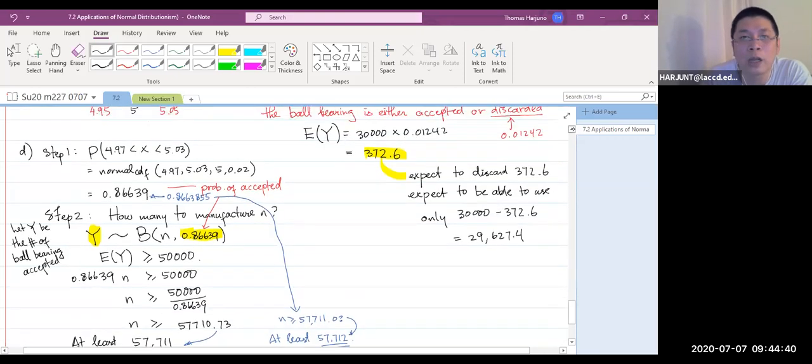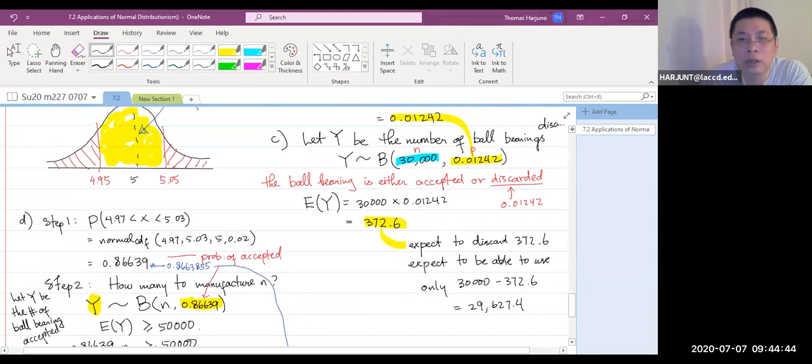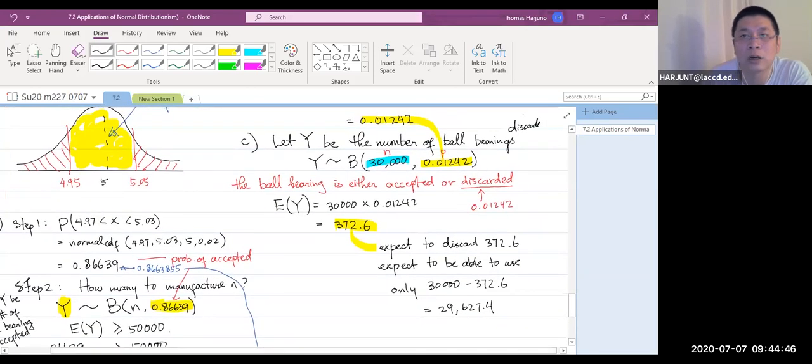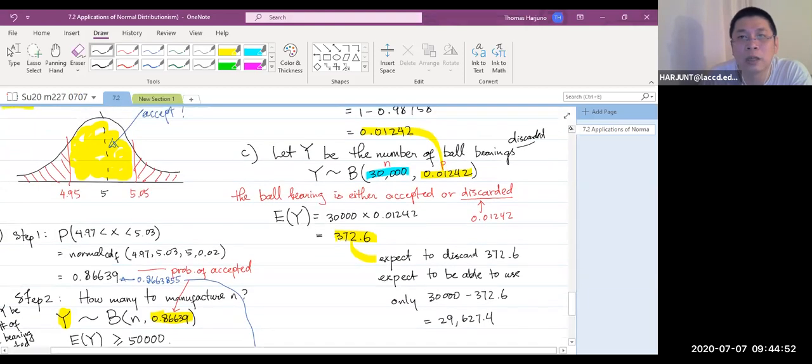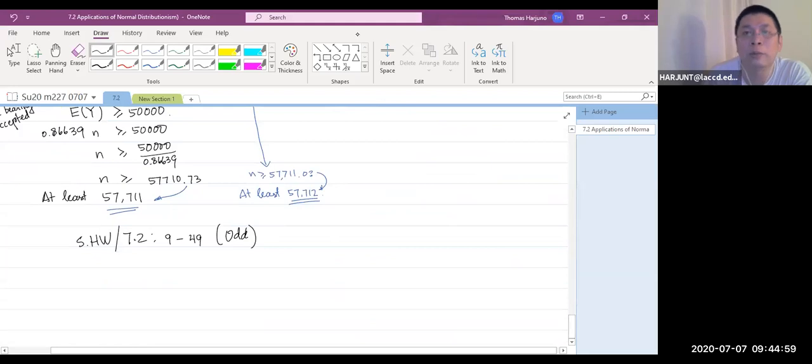However, the Y that I use here is different. The Y that I use here is the one discarded, because the probability that I use here is the probability that it gets refused, gets discarded, right? So it will be better if I write down in advance what I use.